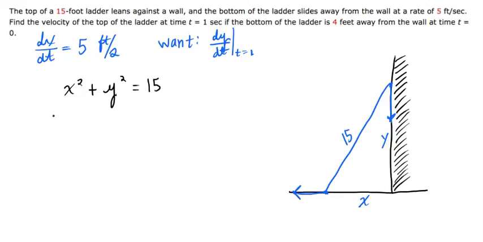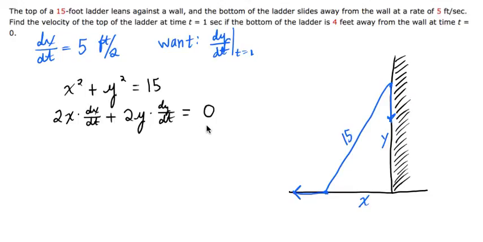So taking the derivative of both sides with respect to t will give me 2x times dx/dt plus 2y times dy/dt, because both x and y are functions of time. So they're both changing with respect to time, and the derivative of 15 squared is 0.